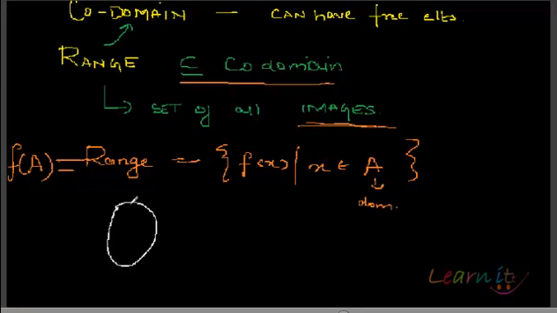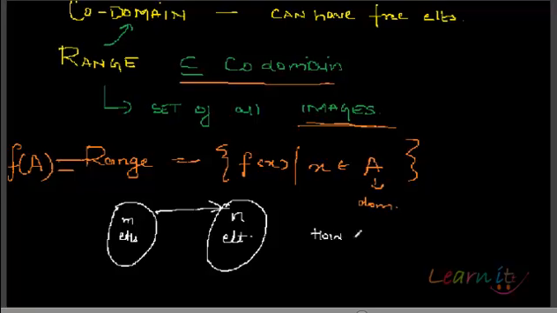Okay, now let's look at an interesting fact. Say that you have two sets A and B and you are looking at a function from A to B. So A has m elements and B has n elements. My question to you is, how many functions can I make out of m elements in A, which will be my domain, and n elements in my codomain?